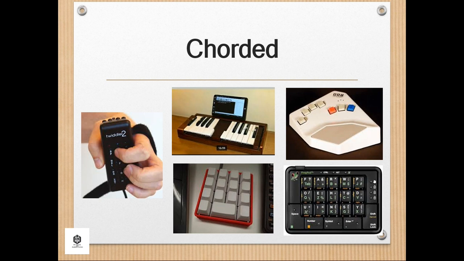Some chorded keyboards are also made for use in situations where fewer keys are preferable, such as on devices that can be used with only one hand and on small mobile devices that don't have room for larger keyboards.